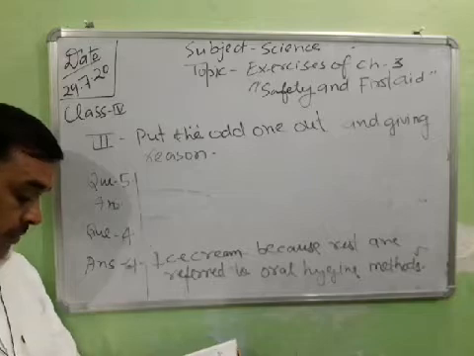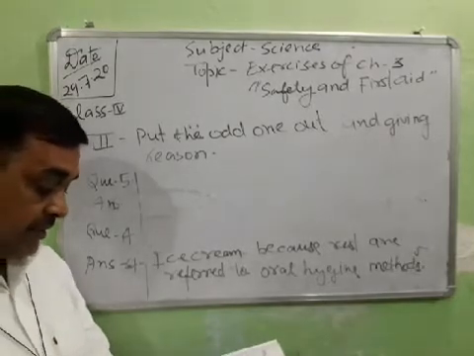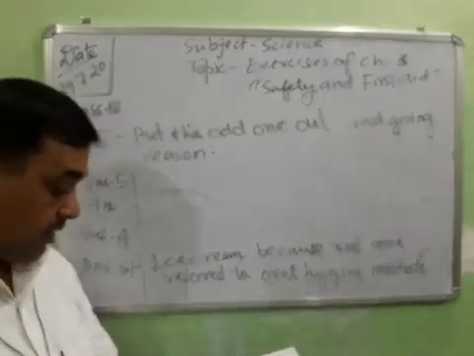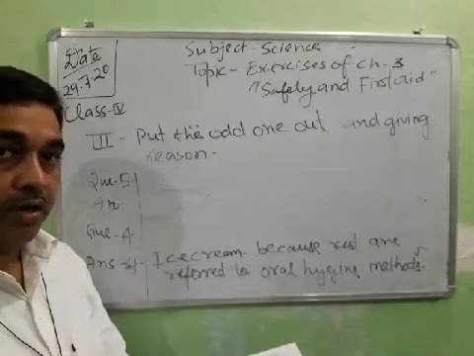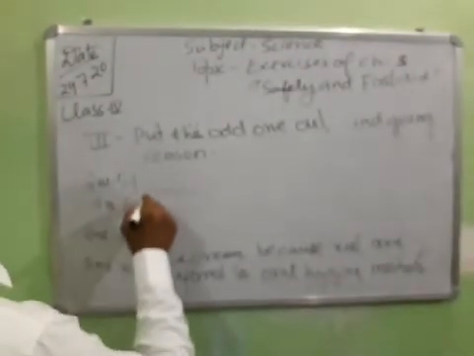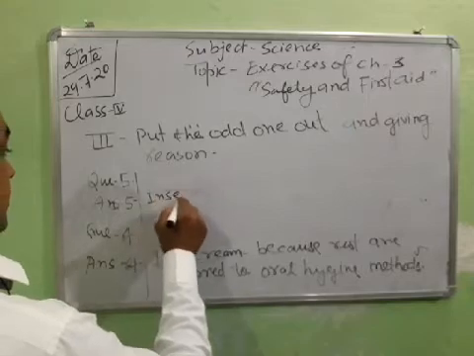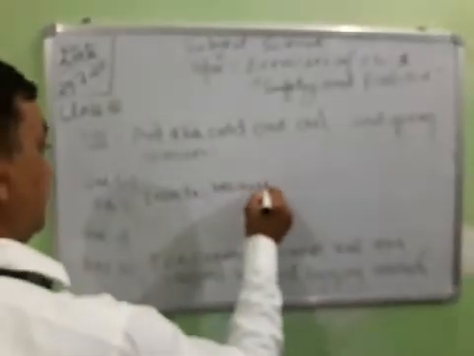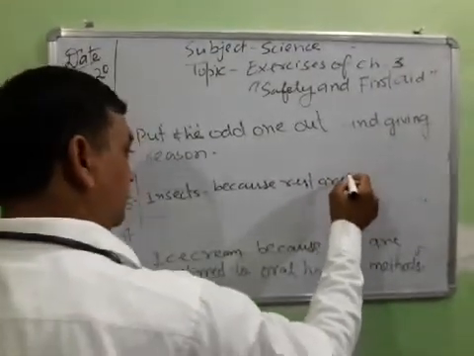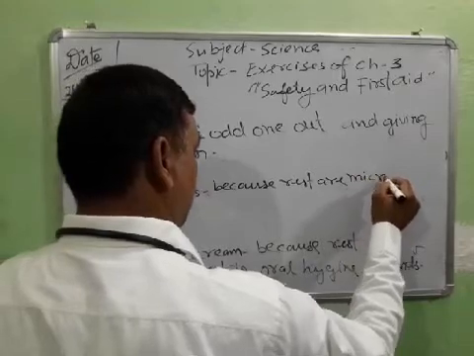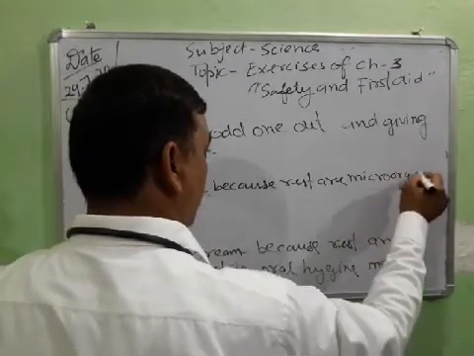Bacteria, protozoa and fungi are microorganisms, whereas insects are large organisms. So the odd one out will be insects. Answer 5: insects, because the rest are microorganisms.